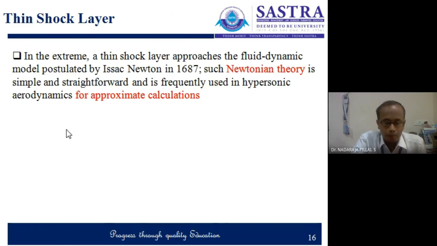By this way we can do some calculation to calculate the coefficient of pressure and all those things. This is a kind of approximate calculation in hypersonic aerodynamics, right? So we will study Newtonian theory and modified Newtonian theory, which consider the centrifugal effect, a little later, right?